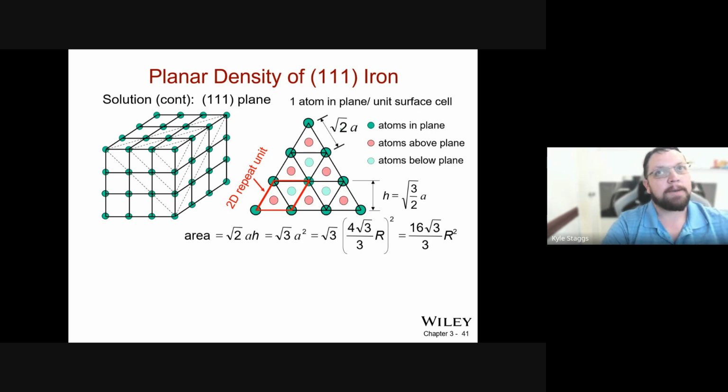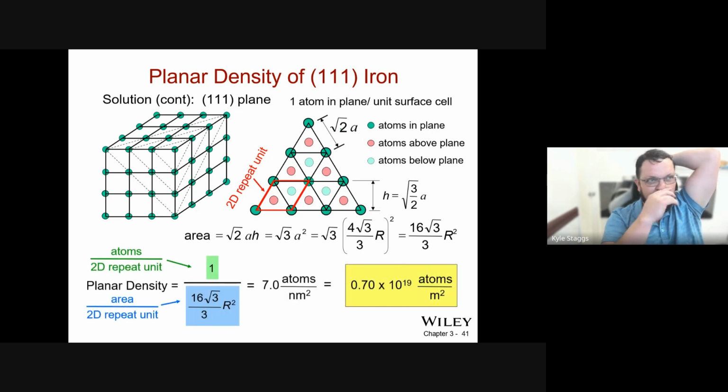The area, half the base times the height, gets us back to our repeat unit of 16 root 3 over 3 times r squared, because trust me, I'm a doctor, and we have one complete atom per 2D unit. So that's what we're seeing in SolidWorks. There's parts of multiple atoms that add back up to one whole atom in this repeat unit.